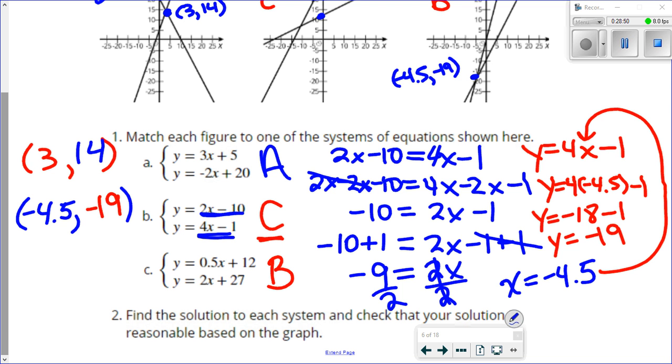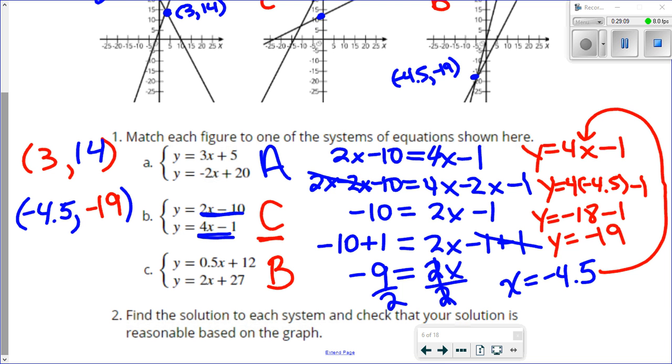There is our solution, that point of intersection on graph C. Again, we couldn't use the graph to find the exact solution because of the estimation and the scaling of the 5. So therefore, the algebraic method that we just utilized helped us get that exact solution for graph C.